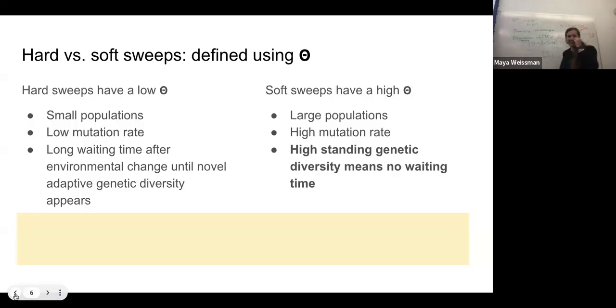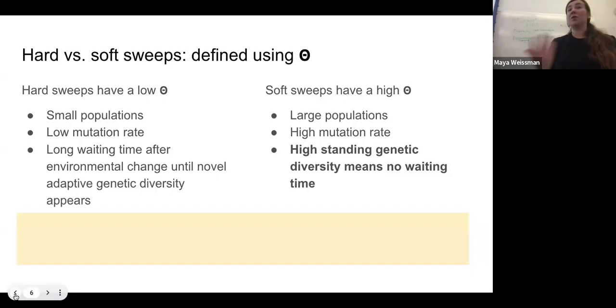It's also because with soft sweeps. Yeah, so that's totally true. So what I will say is that the probability that a sweep gets broken up has to do with recombination rate. So if you make recombination rate dependent on mutation rate, absolutely. There's a bunch of different things that can control whether or not a haplotype gets broken up, or whether or not the beneficial mutation gets broken up from its hitchhikers.